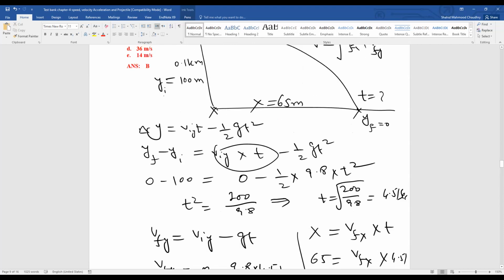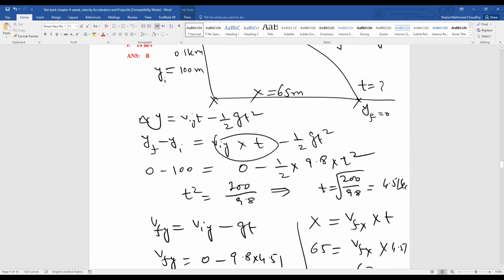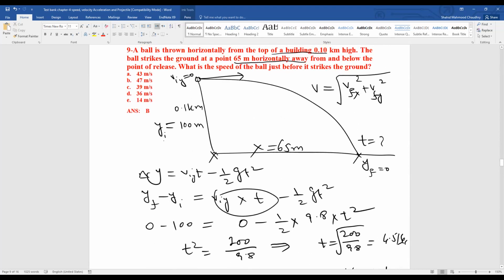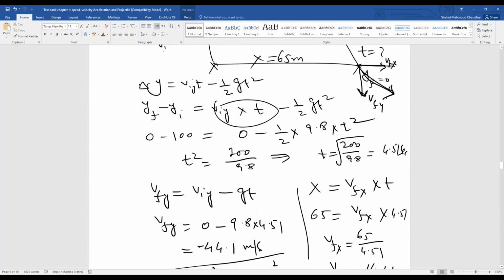In the picture, you can see that this one is Vf of x and this is your Vf of y downward, so that's why it is negative. So you need this value, which is Vf of x square plus Vf of y square, and under root.